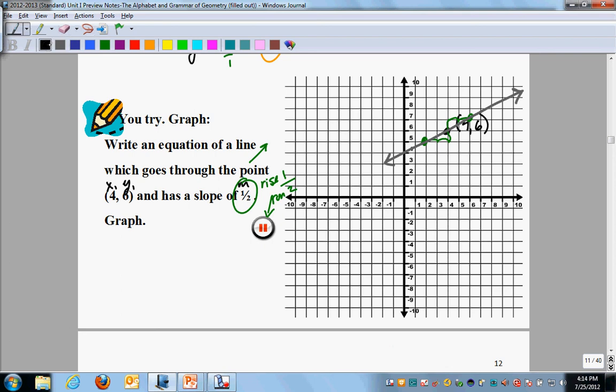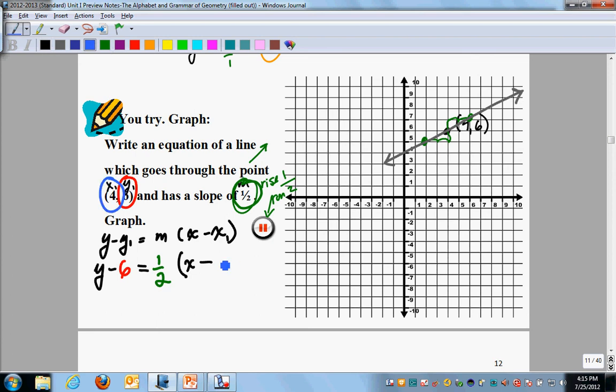Now let's try point-slope form. We're going to go y minus y1 equals slope times x minus x1. So we're going to have y minus, our y1 is going to be 6, equals our slope, and our x1 is 4.